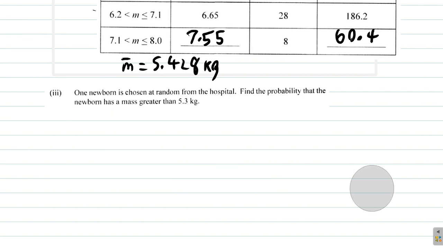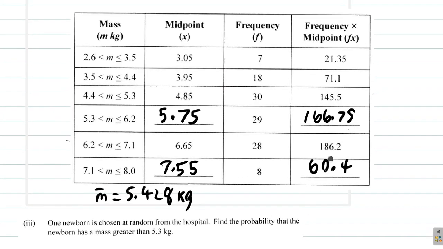Yeah, so I want you to work this part out. Alright, you worked it out. And in fact, it would be good if you do your best to work out the entire question before watching it, right? So, one newborn is chosen at random, find the probability that a newborn has a mass greater than 5.3.